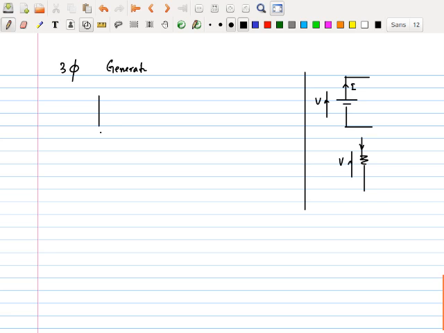If I look at a 3-phase generator, this is what we did last time. It looks like this. 3 voltage sources. I just want to introduce to you this notation, because 3-phase is all about this notation. Once we get this notation right, the rest of the calculations will come to you basically automatically.